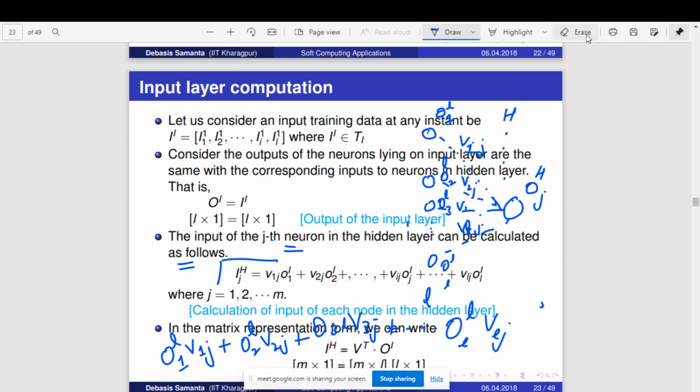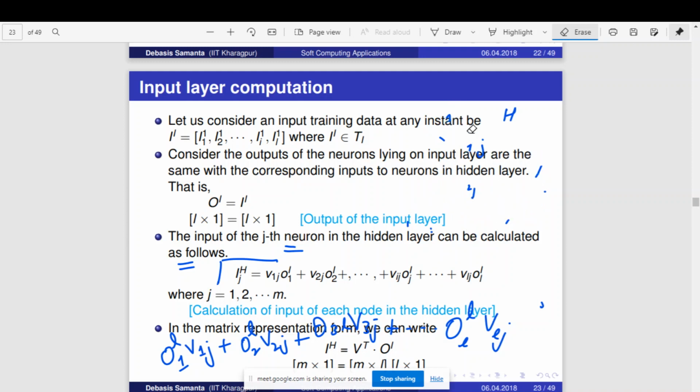The input for any hidden layer, the input for the jth neuron in the hidden layer. So IJH represents what? I represents the input, J represents the jth neuron, H represents the hidden layer.